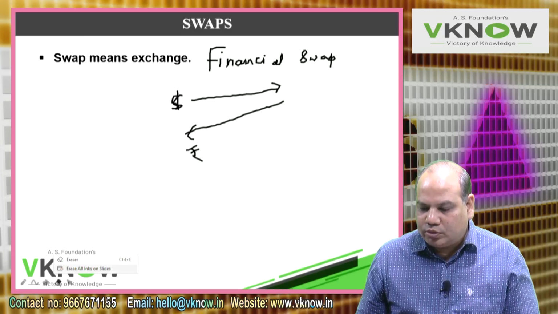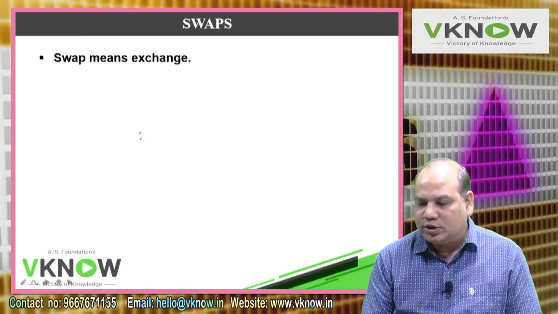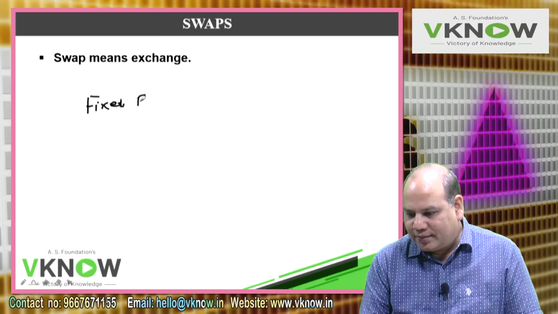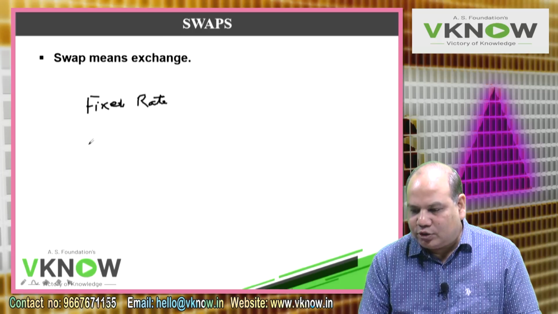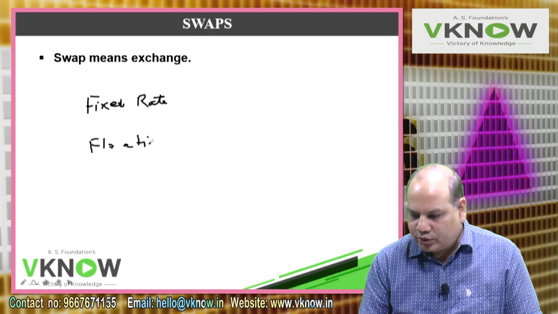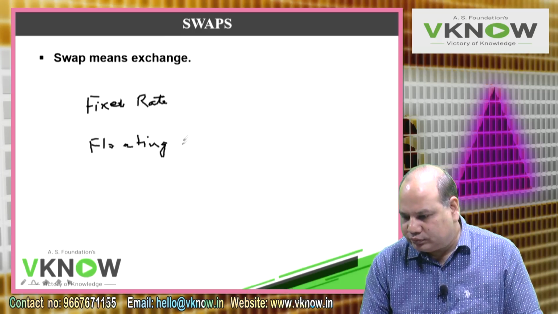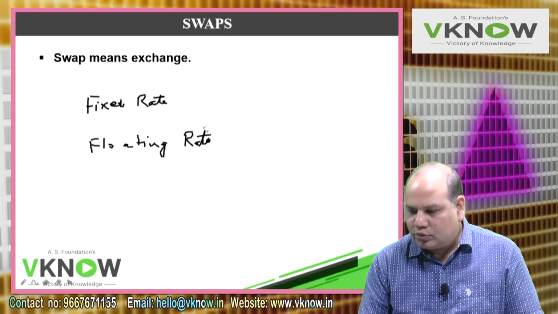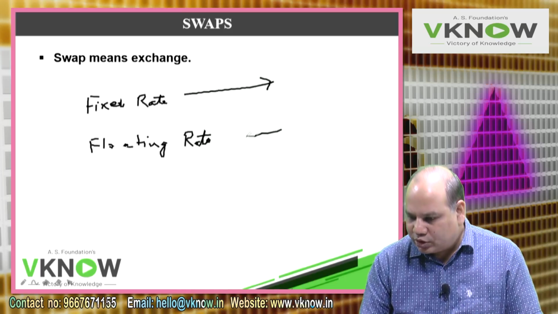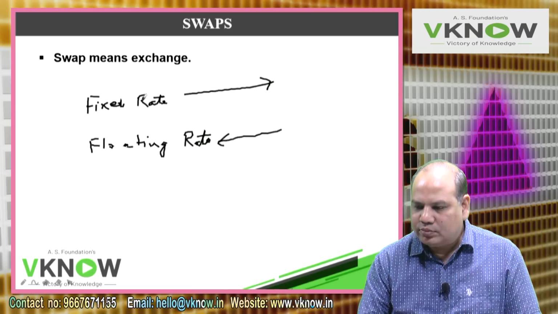Or the more common, which will be discussed in this chapter more often, there are two parties with fixed rate of interest and floating rate of interest. So they can swap their interest obligation.